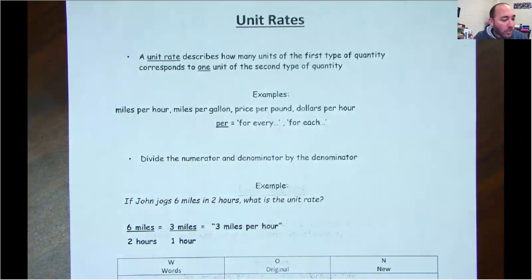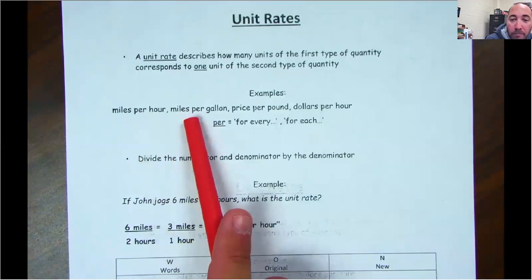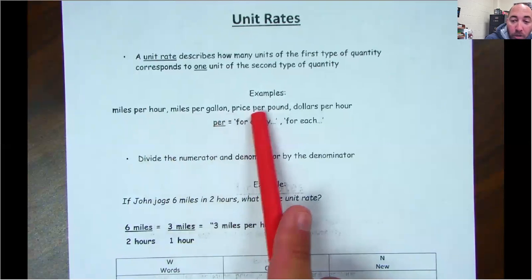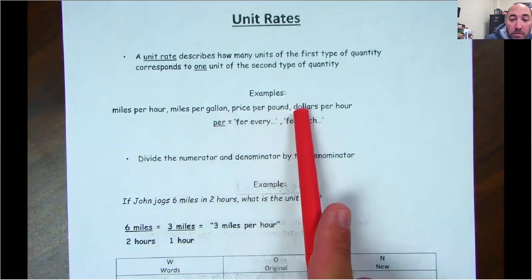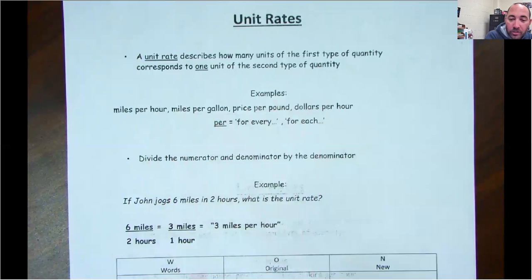For example, if you had to pay $14 for 2 gallons of gas, how much would it cost for 1 gallon of gas? You're solving for one of something. Examples that you will see are miles per hour, miles per gallon, price per pound, dollars per hour. Per means for every or for each.